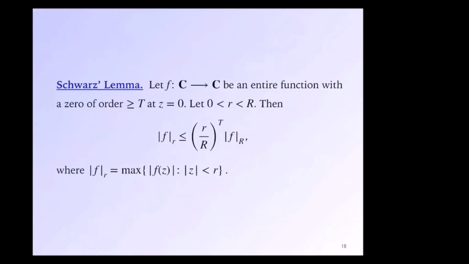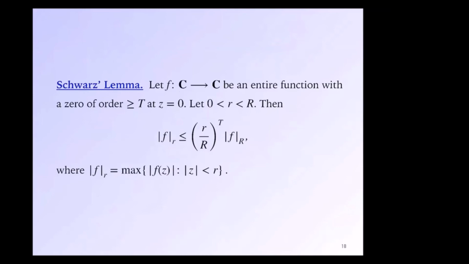So let me now say that. Okay, so before I do that, let me remind you about Schwarz's lemma. We're going to use this to prove the theorem on interpolation determinants. I stated this in the first talk when I was proving Baker's theorem. Baker's lemma was a generalization of this. So this is Schwarz's lemma from complex analysis.